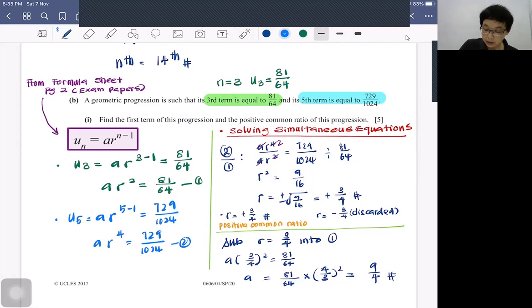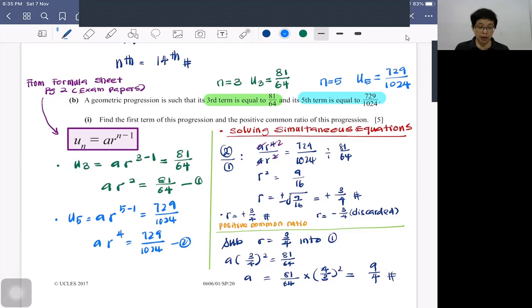From the other statement, the fifth term, n equals 5, and the fifth term is supposed to be 729/1024. This is what I meant by translating from English sentences into mathematical notation.